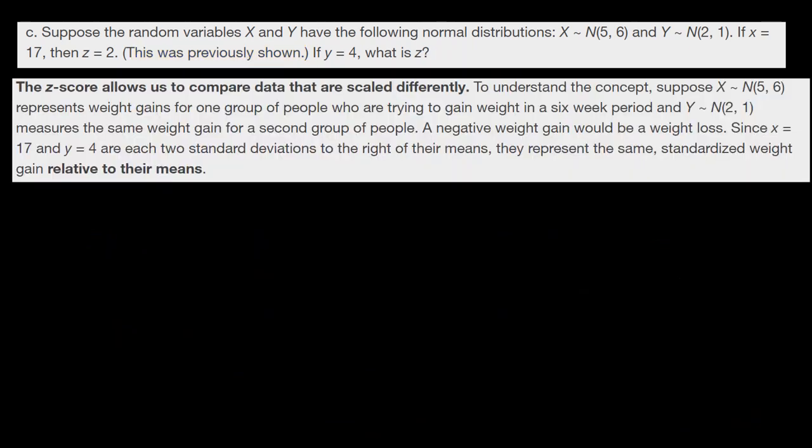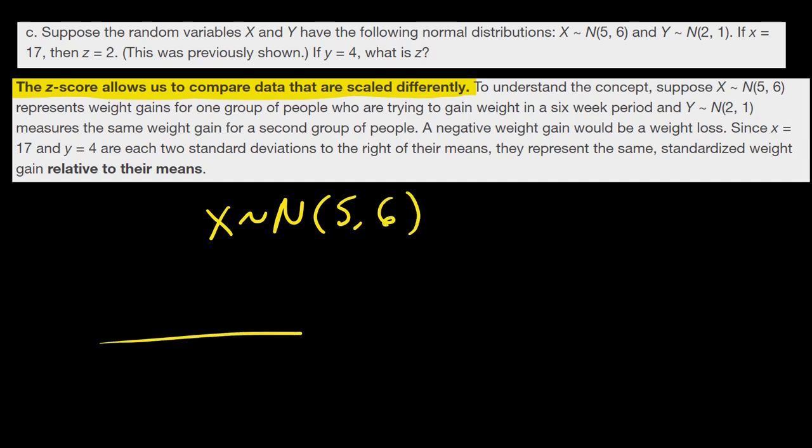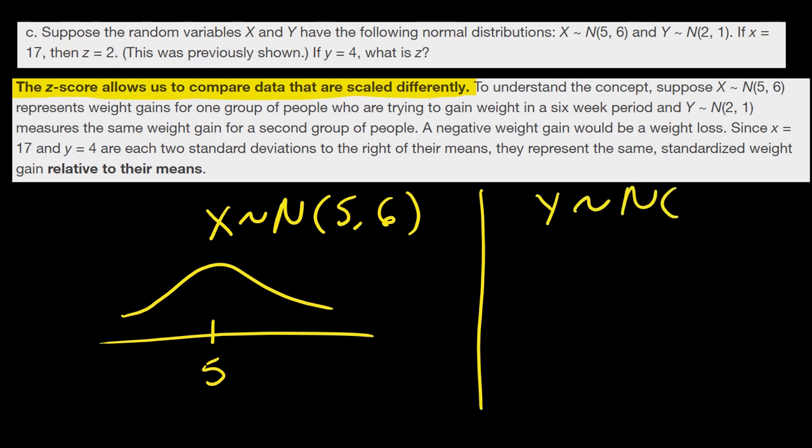The book gives a nice little paragraph to summarize what I just said, but basically this z-score allows us to compare data that scale differently. So x was normally distributed with mean 5 and standard deviation 6, and y was normally distributed with mean 2 and standard deviation 1, slightly more narrow.